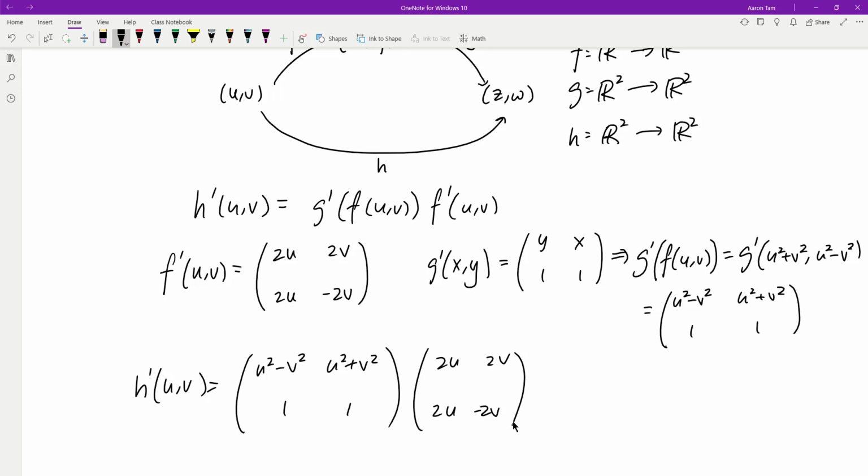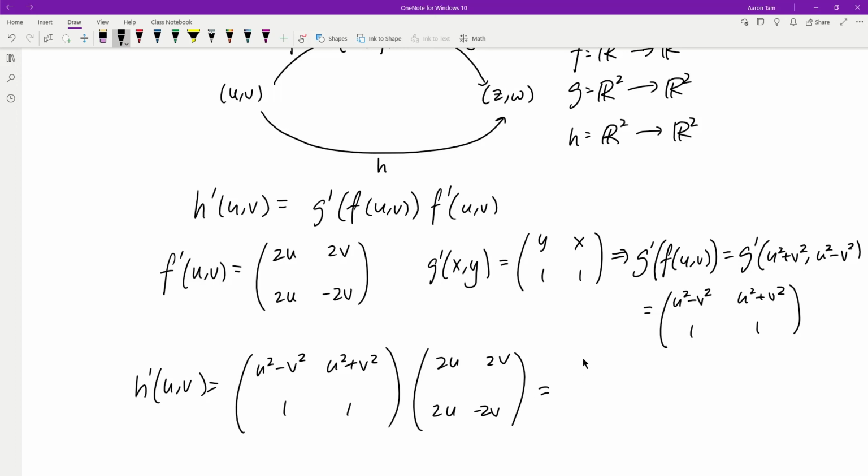Yes, it is true that writing them backwards still makes the multiplication valid. But the problem is matrix multiplication is not commutative. There's no guarantee that if you multiply these two matrices backward, even if it's defined, it would give the same answer. So that would have to be marked incorrect. Please make sure you understand that and pay attention to that.